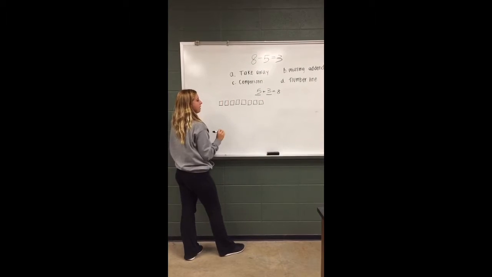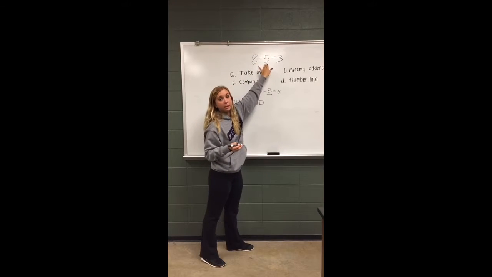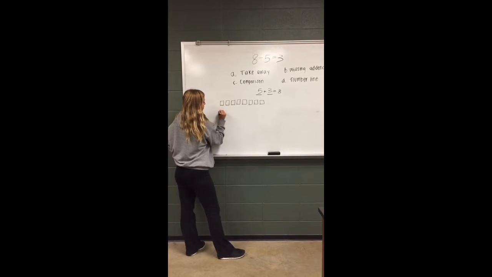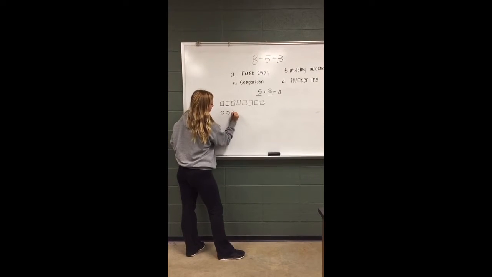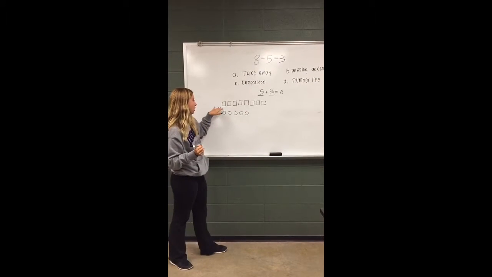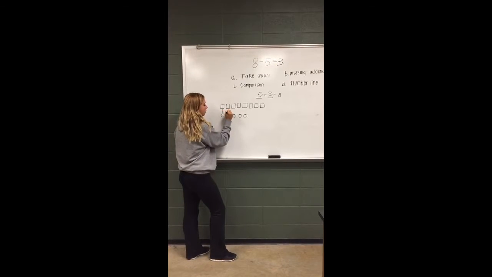So as you can see, I have 8 squares. Next, I'm going to draw 5 because that is my next number in the first part of the problem. So I'm going to draw 5 circles. 1, 2, 3, 4, 5. So along with my 8 squares, I have the 5 circles. And I can see that these would line up.